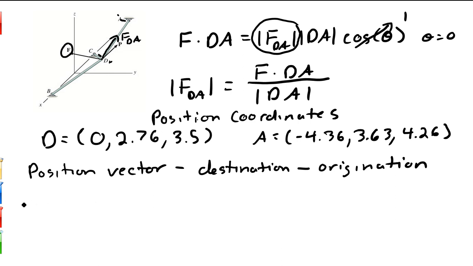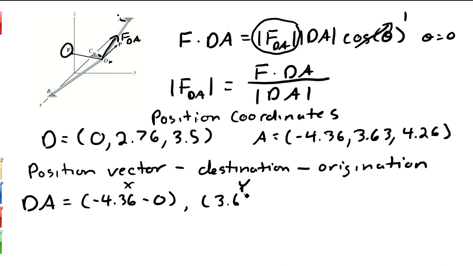So in order to do this, our position vector DA: in the x direction, we're going to have negative 4.36 minus 0. In the y, it's a funky looking y, but that's okay, put a comma, we have 3.63 minus 2.76. And in the z, we have 4.26 minus 3.5.